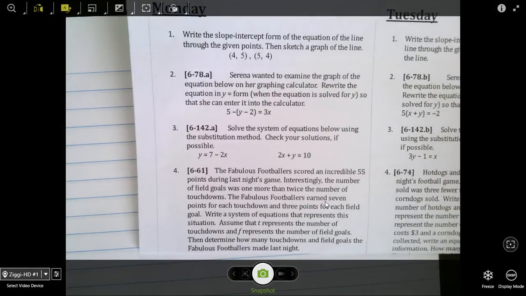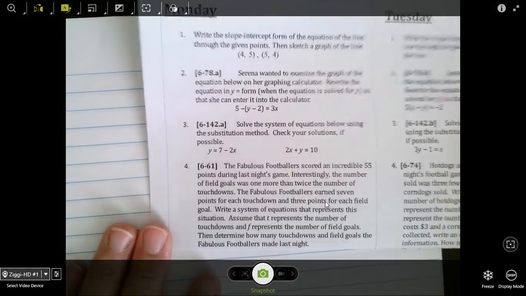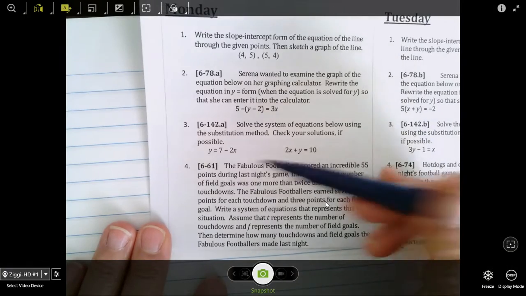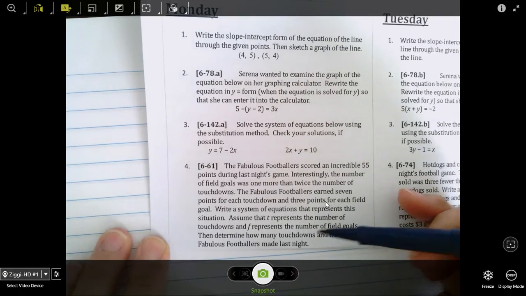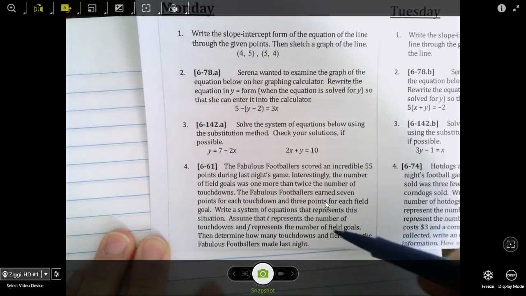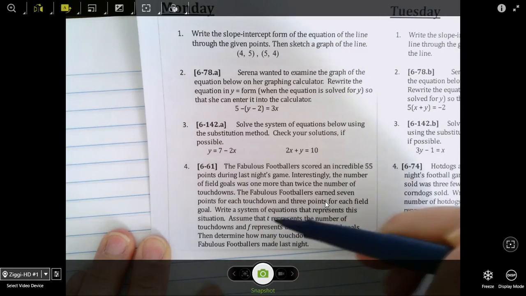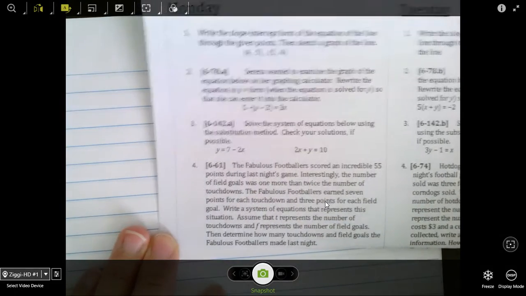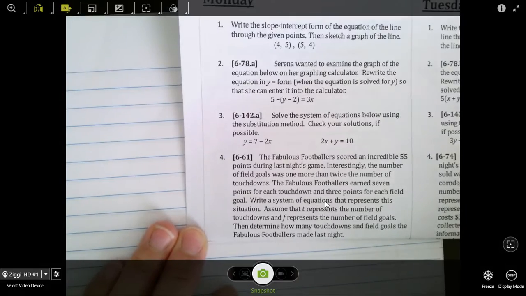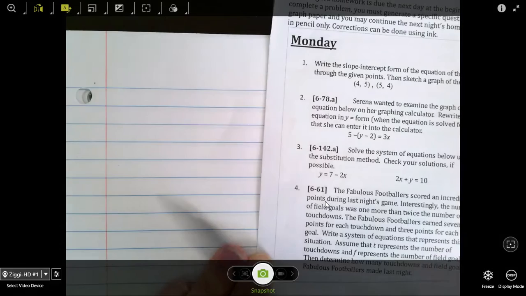So we always have to go to the end of the word problem and figure out what our variables are going to represent. In this particular problem, they tell us which variables to use and what they will represent, which is nice. So let me write this down on my paper.